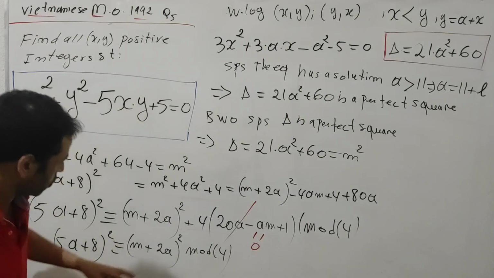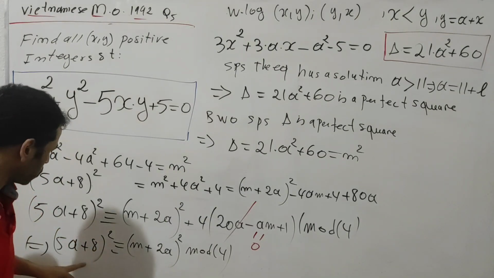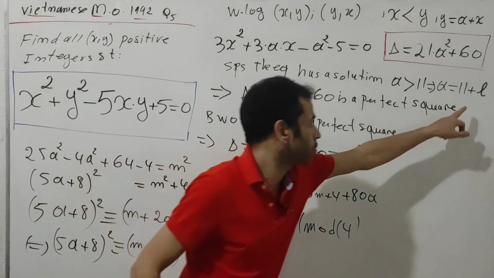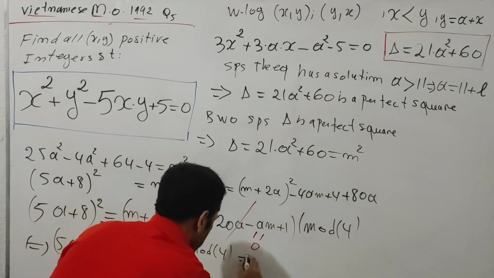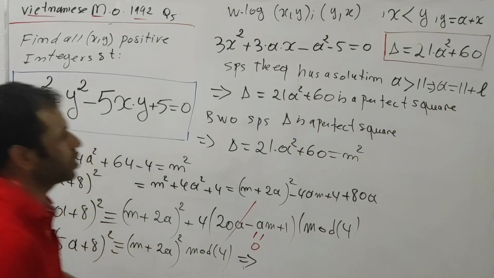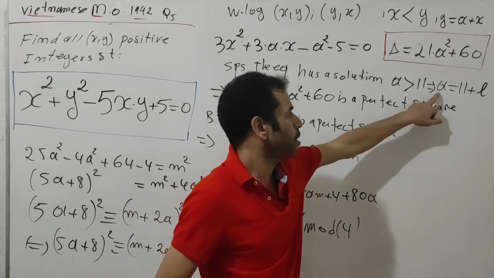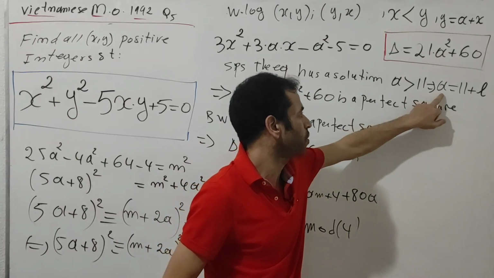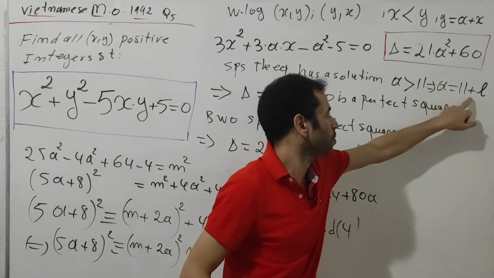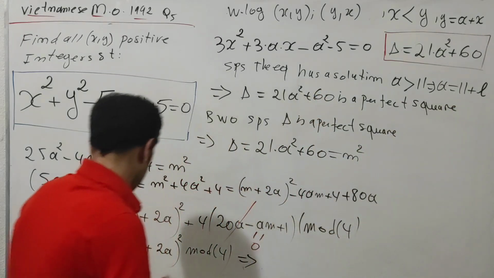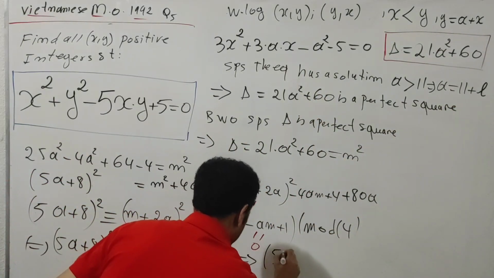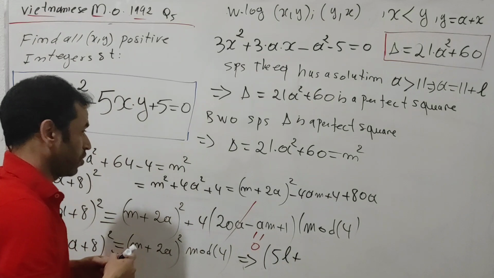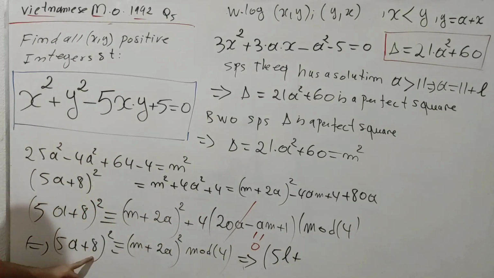Now I'm going to replace a with its value. So I'm going to replace 5a plus 8 by multiplying by 5 here. I will have 5a, which is 5L plus 55, plus this 8 is giving us 63.